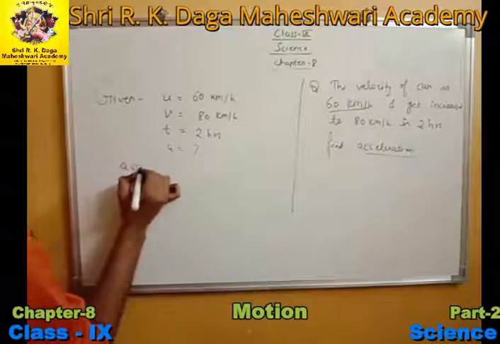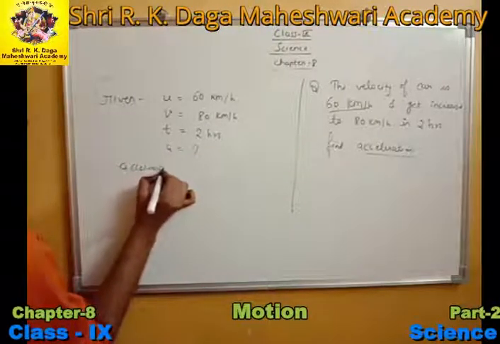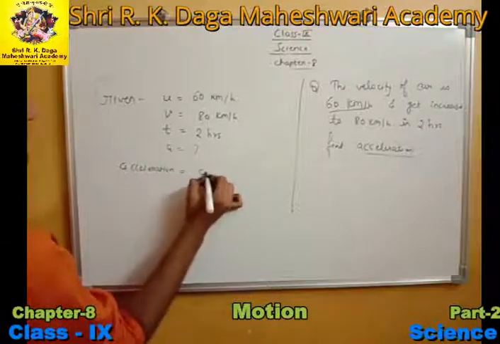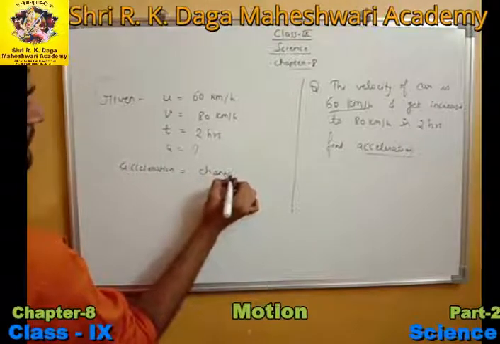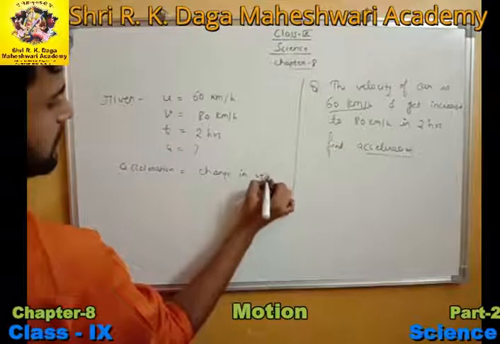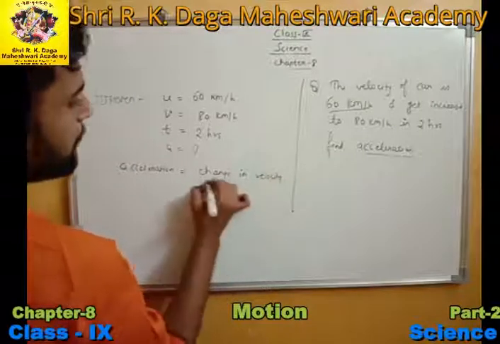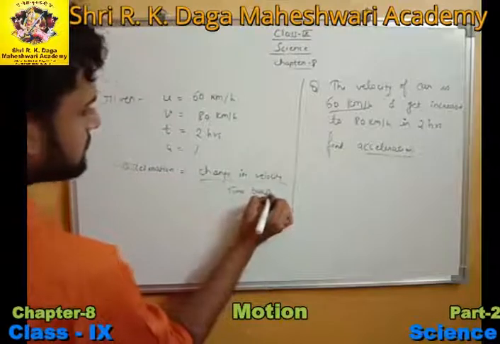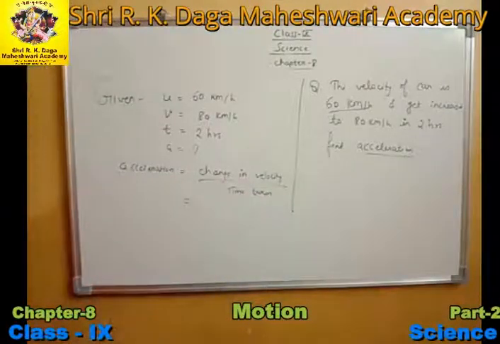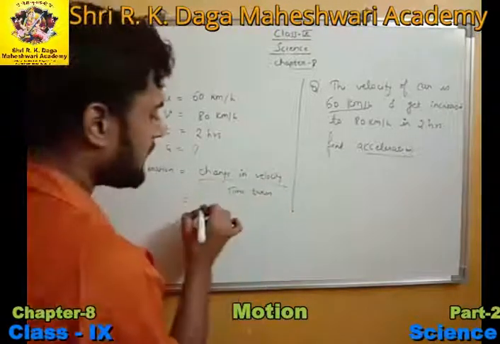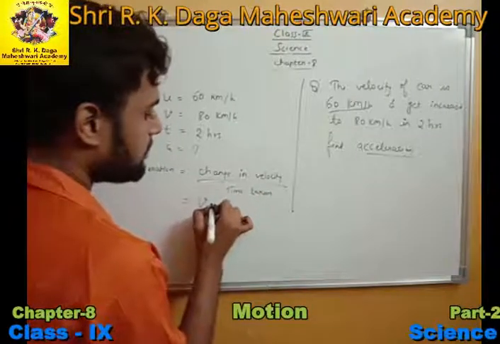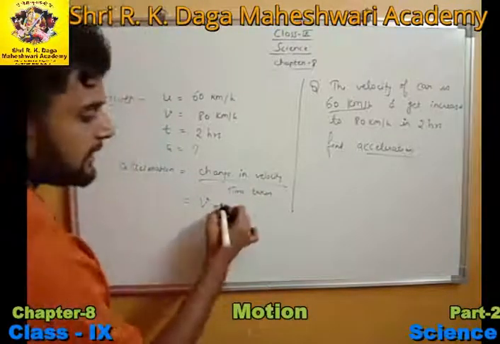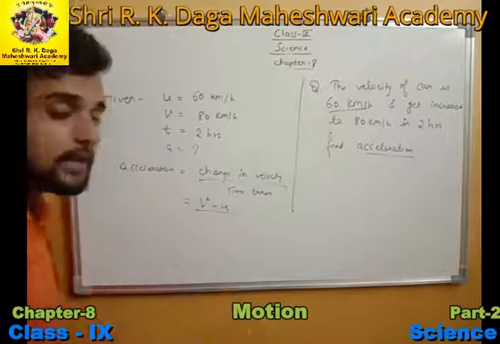So what is the formula for acceleration? Acceleration is equal to change in velocity upon time. How can we calculate the change in velocity? We can calculate it by simply doing final velocity minus initial velocity, right?